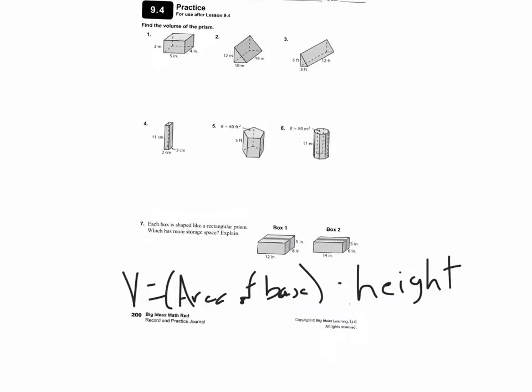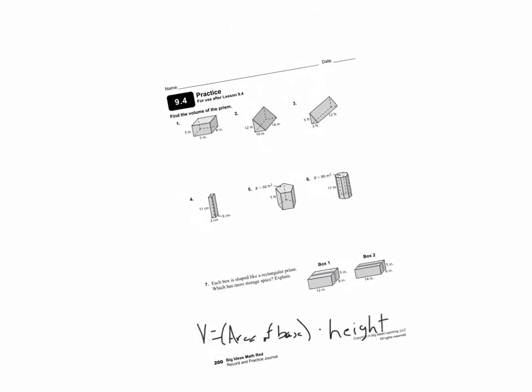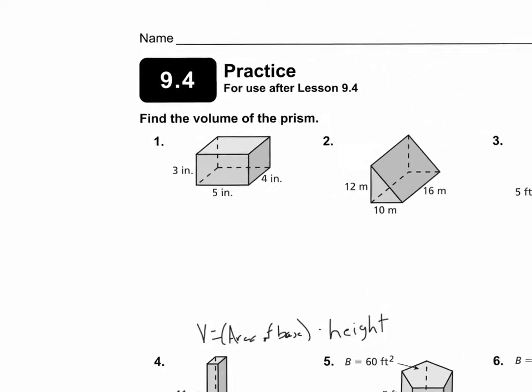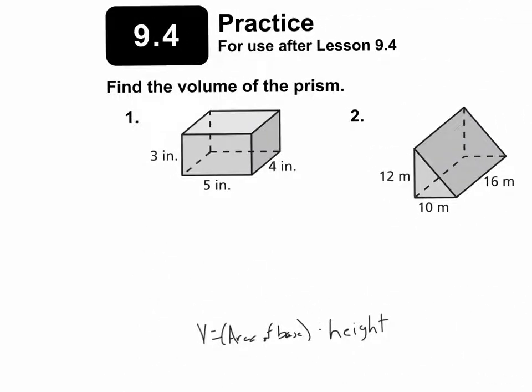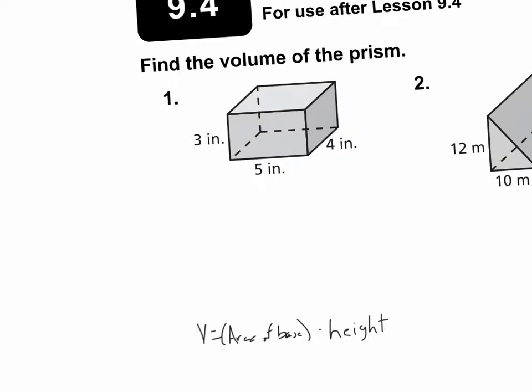So if we put this in a real problem, okay? On a rectangular prism, if all sides are rectangular, your base is what's on the bottom. The area of a rectangle is length times width, so 5 times 4.